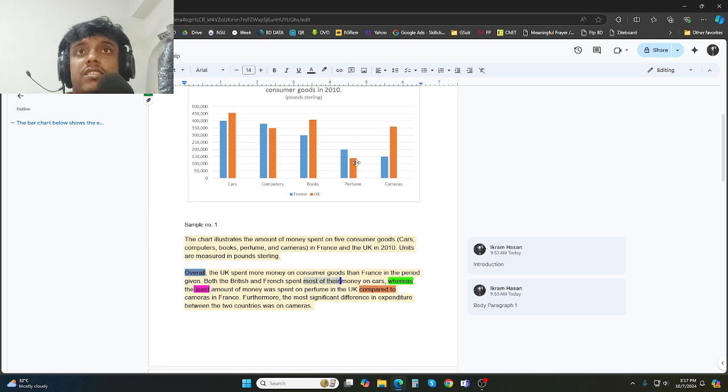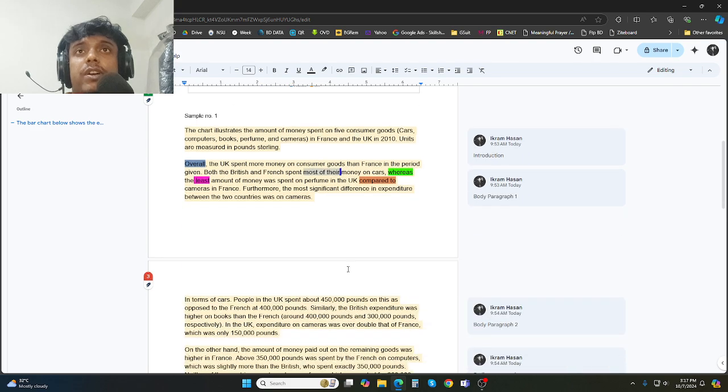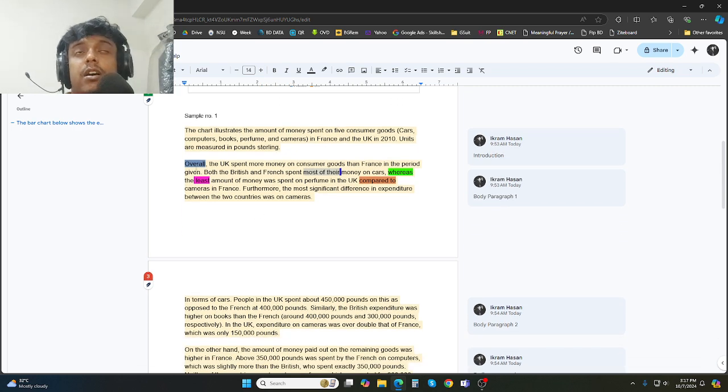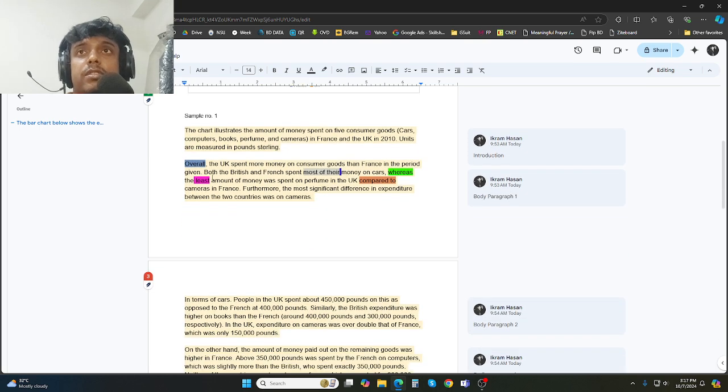So these are the things we have to incorporate over here. To incorporate the things and to show the difference, we need to come up with certain vocabularies, linkers, and also the relevant keywords.